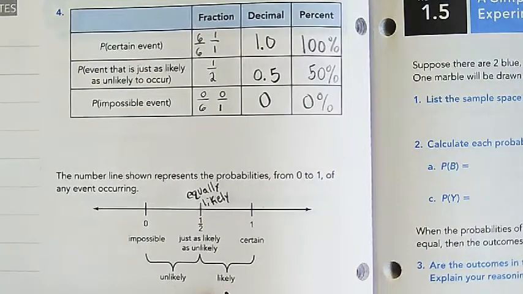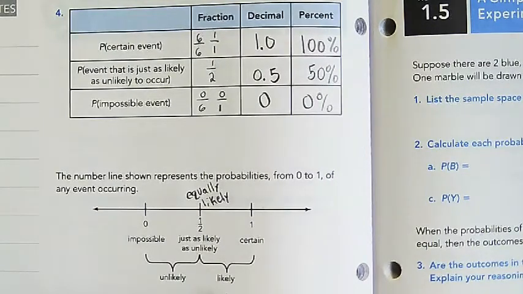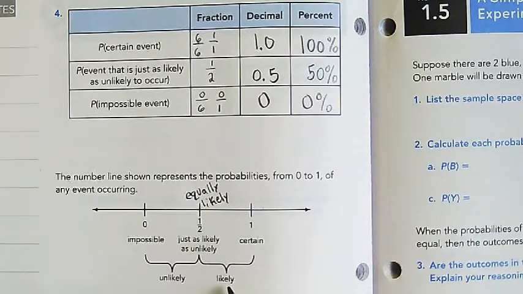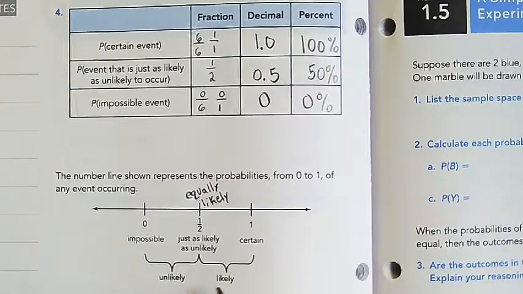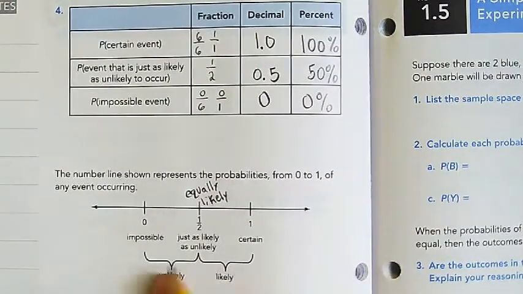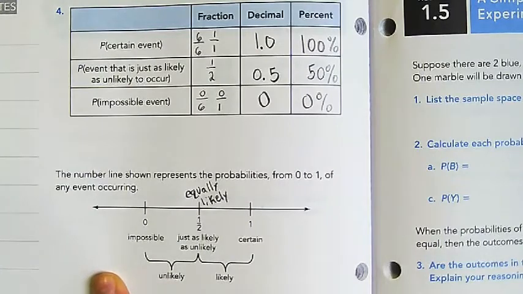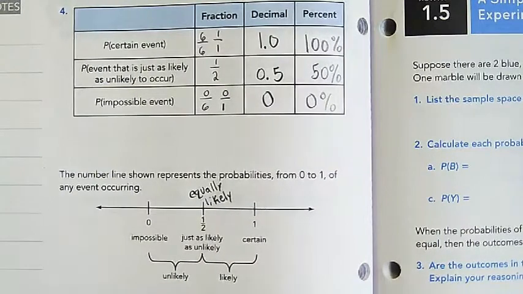On the previous activity when I said, do you think you would win if you spun that square spinner? That's a tongue twister. And you said, no, because it's unlikely, it's less likely to land on a B than it was to land on an A.